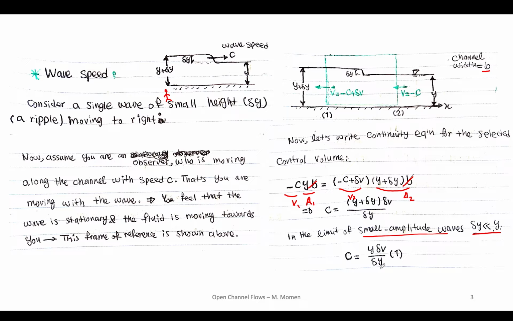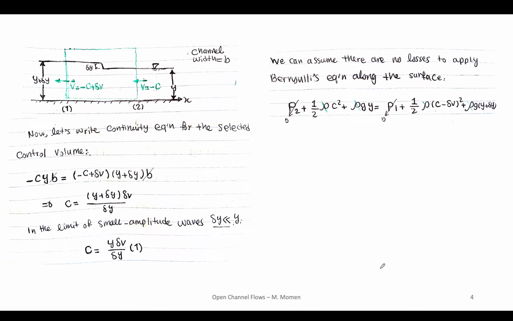The second equation you can write is either the momentum equation or the Bernoulli equation. In the book you can see that it's written with the momentum equation, but I choose to write the Bernoulli equation, and the reason is that it's a little bit easier. So here we have that relation, which is equation 1, coming from the continuity equation.